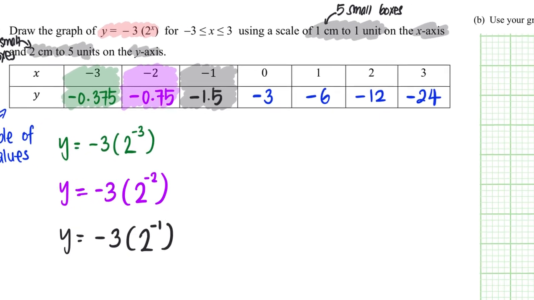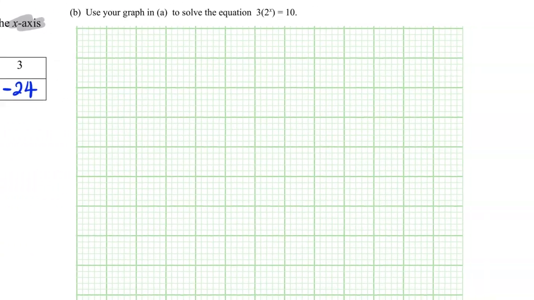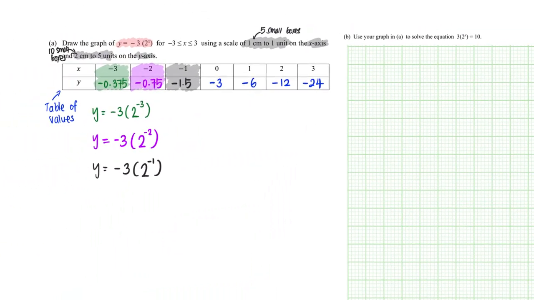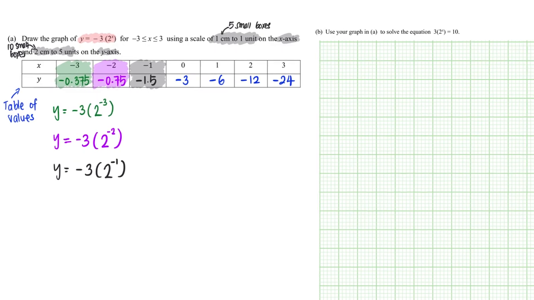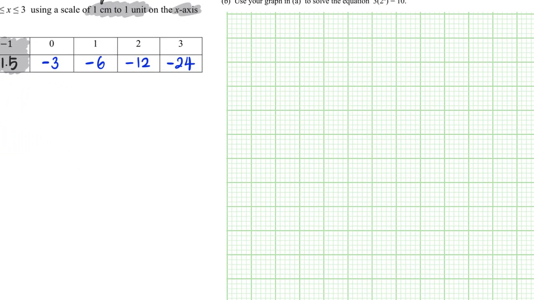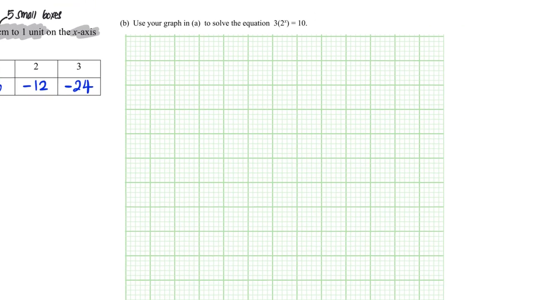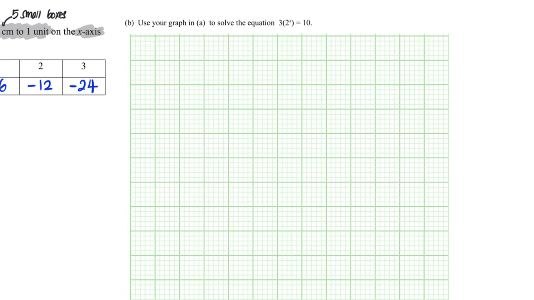So moving on to the graph paper now. And looking at the values that I have, all the y values are negative. So this is very important because this allows me to simply draw the x-axis at the top, and 1 cm to 1 unit.